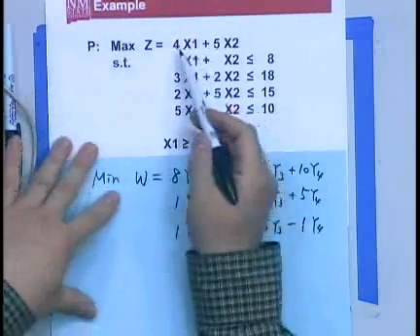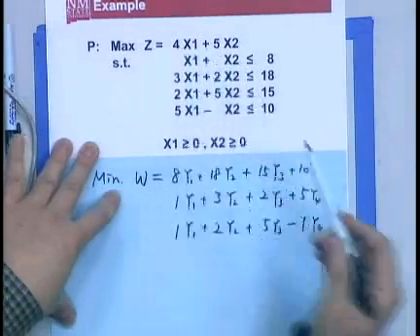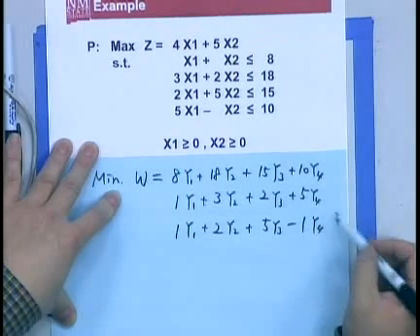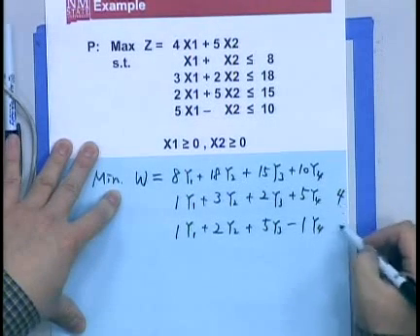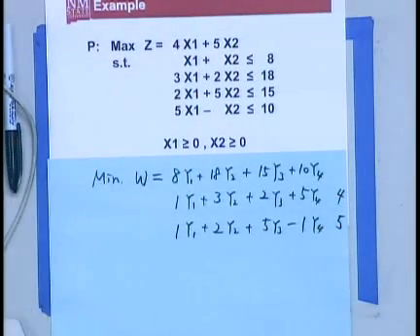And the objective coefficients in the primal problem become the right-hand side values in the dual problem. So we have 4 and 5. Okay?